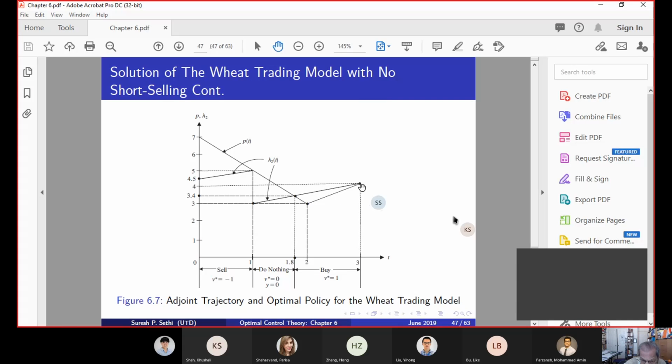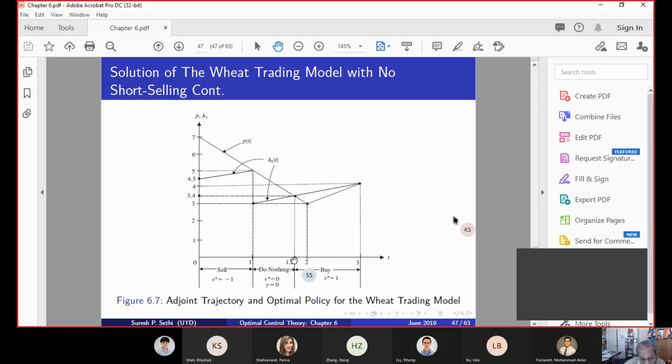Notice that buying can start as long as this guy is bigger than P. And if we keep going that way from this point 4, we will see that there is a point, 1.8, where we can actually buy all of this. So clearly, there is no jump between 1.8 and 3. So t hat is 1.8.